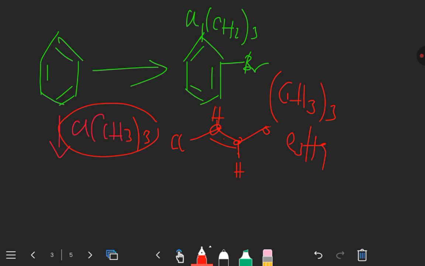So it will be something of this nature. So you can just say a group, this in skeletal form, it will be something of this kind. Okay, so let me write it in this manner.